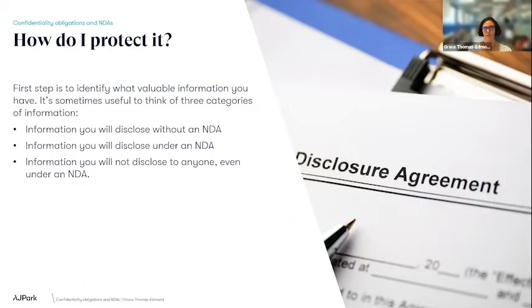You actually wouldn't disclose those potentially to anyone except maybe a few key employees. I think it's good practice to have an idea of what information is in those three categories, and then that's something you would have to keep updated from time to time, because what information you hold and how valuable it is will change over time.